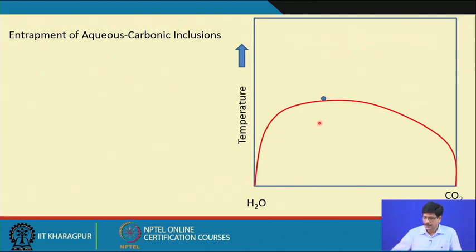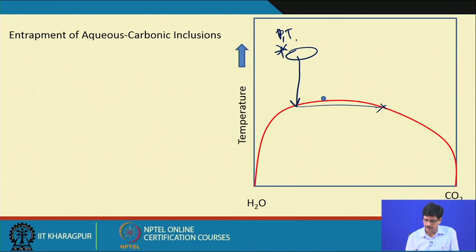And so, if we consider a situation somewhere here corresponding to a pressure temperature P1 and T1, and there is an inclusion trapped here, and we are decreasing the temperature, then, following the rule that we generally have, the liquid splits up into two components, here and here.